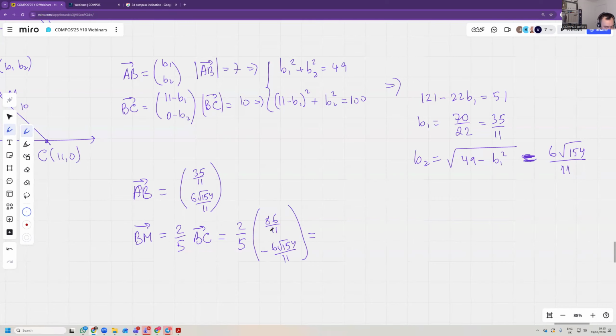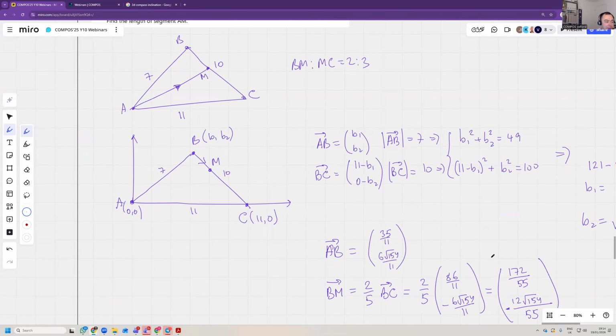Times 2 gives 172 over 55, and minus 12 root 154 over 55. That's BM.